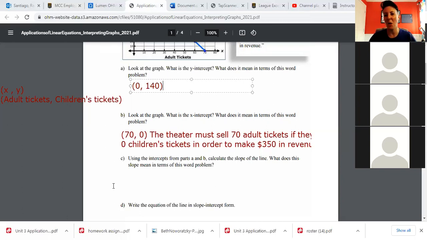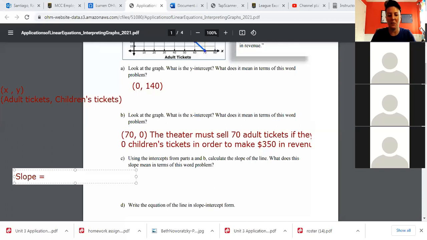We know the slope equation. The formula for slope is equal to y2 minus y1 over x2 minus x1. So again, using the information that we have learned this unit, we're going to plug in our values. We can call our 0 here x1, and the 140 could be y1.